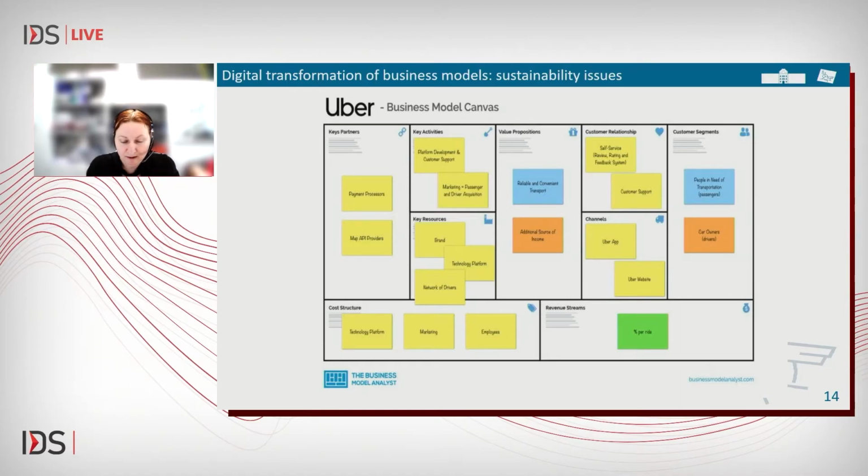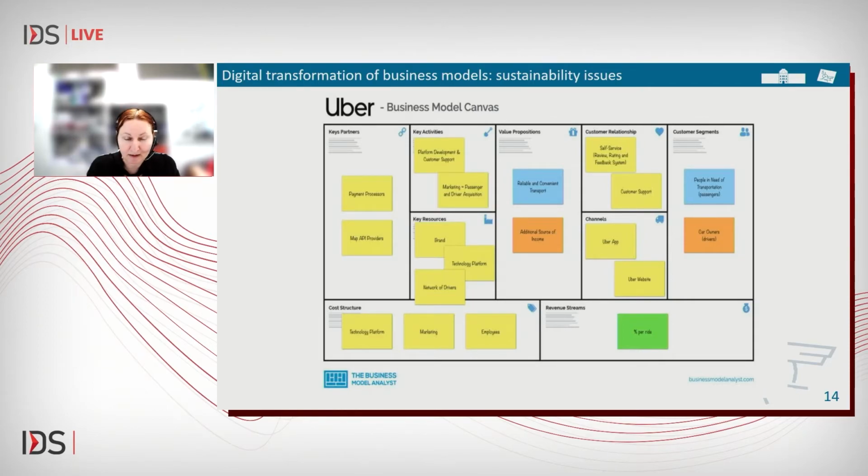If we look at the value proposition, we have two here. For customers, we don't need to look for a taxi. Cars are available 24/7, and the routes can be tracked. In addition, fares are generally lower than those charged by taxi drivers. For drivers, as I said before, this could be a source of income, main or additional.